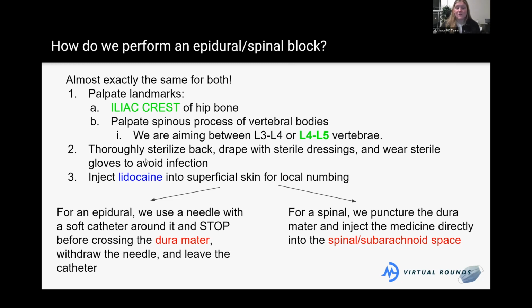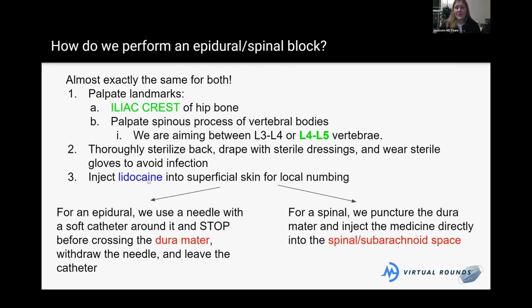We're going to make sure that it's a nice sterile space. We use a sterile drape, sterile gloves and sterile dressings, and clean and disinfect the area with an iodine to make sure there is as little risk for infection as possible.